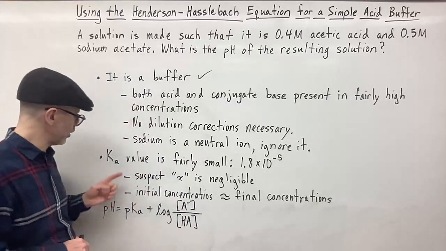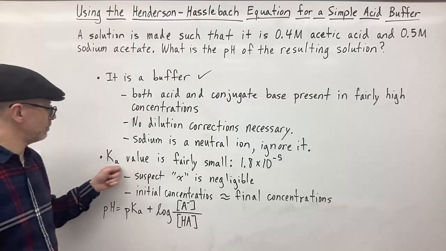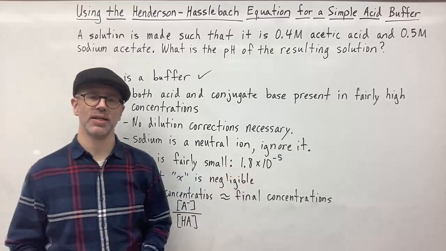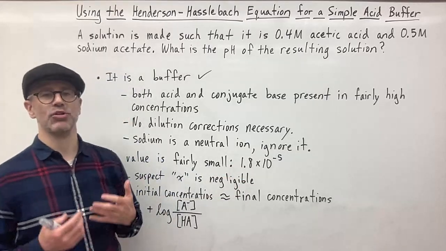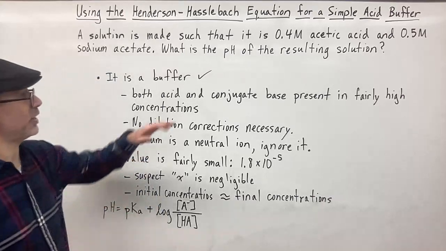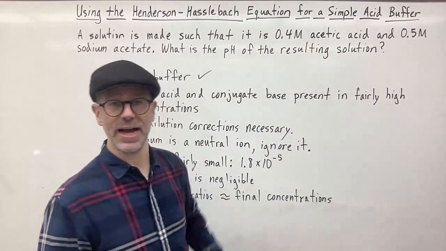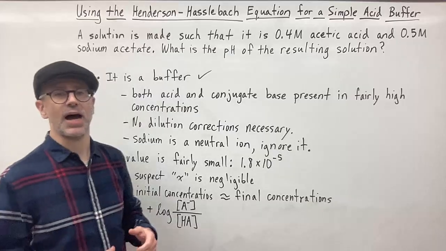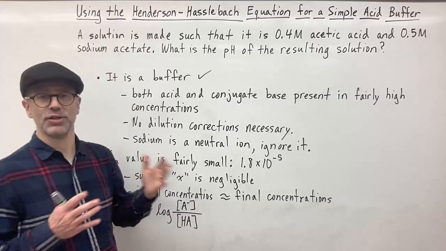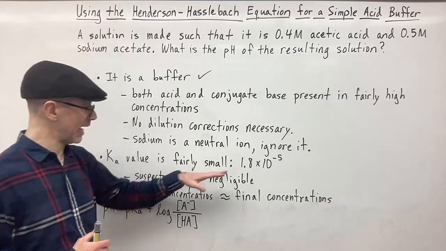The second thing we want to look at is the Ka value of the weak acid. If you look up the Ka value for acetic acid, you'll see that it's 1.8 times 10 to the negative 5. That is a fairly small Ka value, especially when you compare it to the concentrations of the acid and its conjugate base. It's a factor of about 10,000 difference between the initial concentrations and the Ka value.